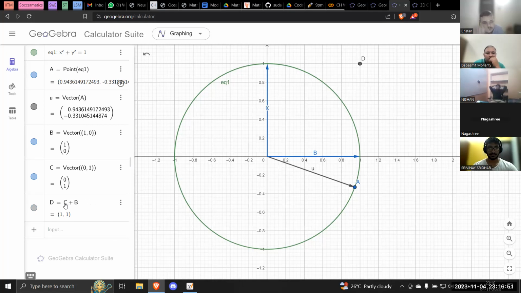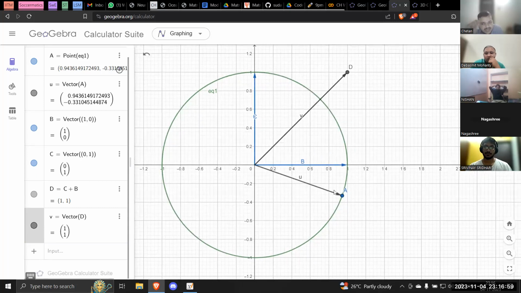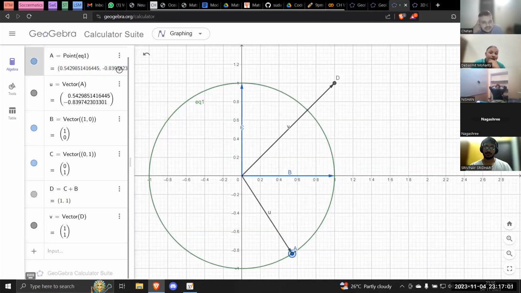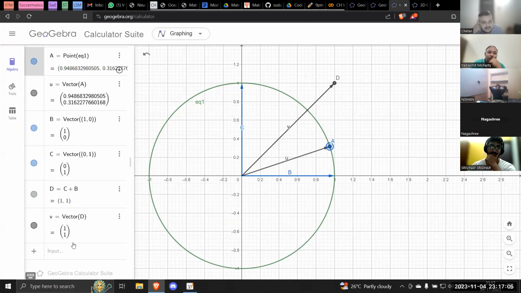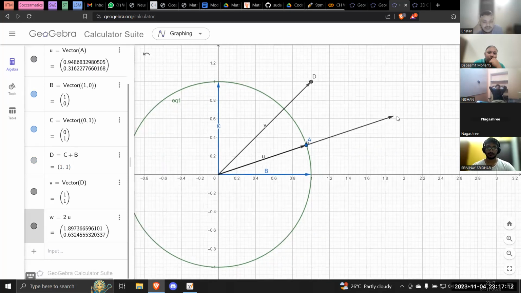The moment you add two vectors, they'll give you a vector outside this, and if I multiply a vector in this by a scalar, say two, I get a vector that lies outside the circle.